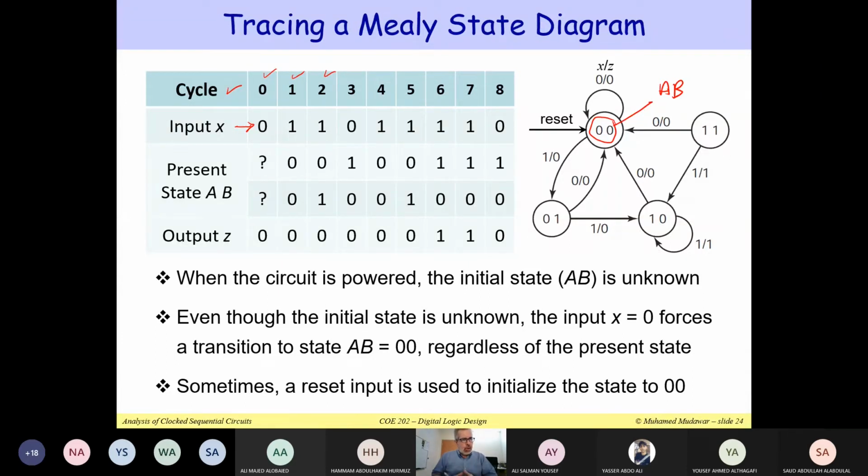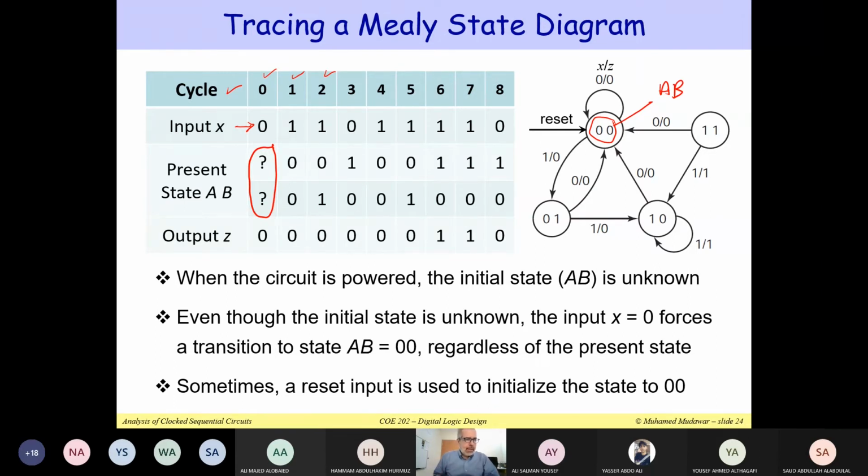What is shown inside the circle is the present state, and the present state is the output of the flip-flops. Initially, when you turn on the power supply, you don't know what the initial state is. So I'm putting question mark, question mark. You can start in state 0,0, you can start in 0,1, you can start in 1,0, or even 1,1.